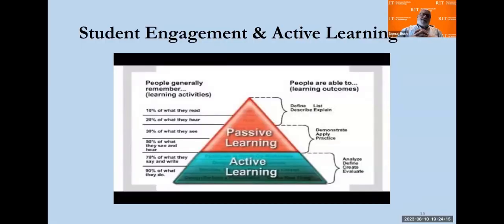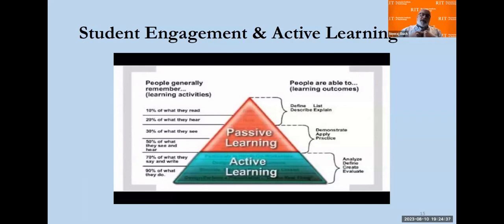This is out of some research where you're comparing passive learning with active learning, and 90% of retention is based on activity. And again, this is time on task.